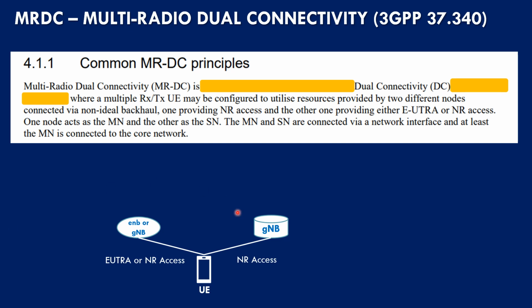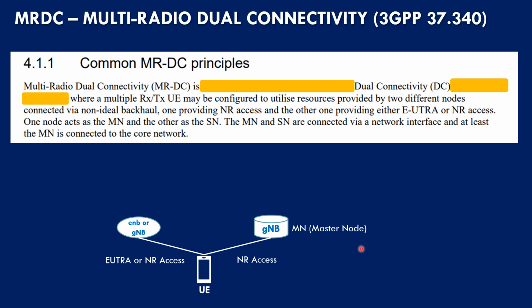The point to note here is that one node is mandatory to provide NR access, meaning via one node we need to access the NR 5G radio interface, and from the other node it can either be the EUTRA-LTE air interface or the 5G radio interface. One acts as the MN. MN is master node.